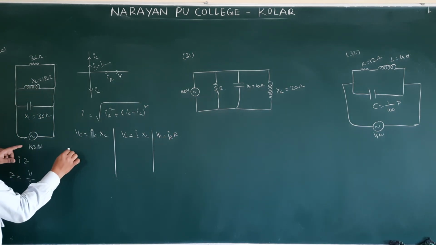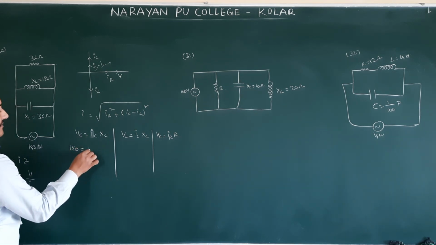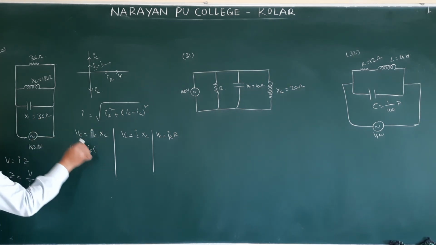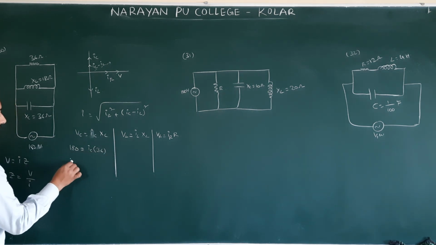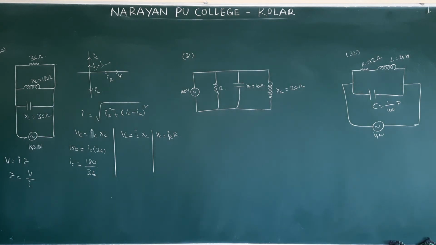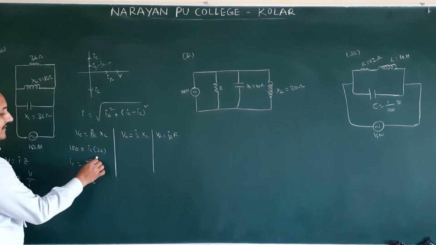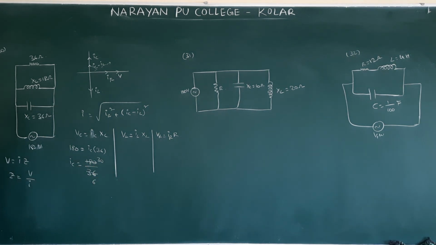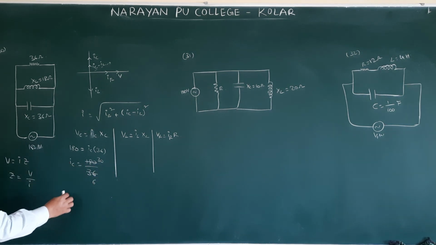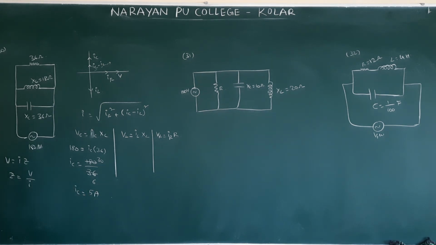What is the VC value? 180. So we should calculate IC. XC value is 36. Then IC is equal to 180 by 36. 6 will be cancelled, 6 6s are 36, and 3 6s again cancel. IC is equal to 5 amperes.